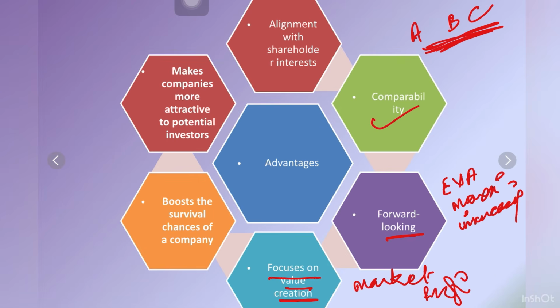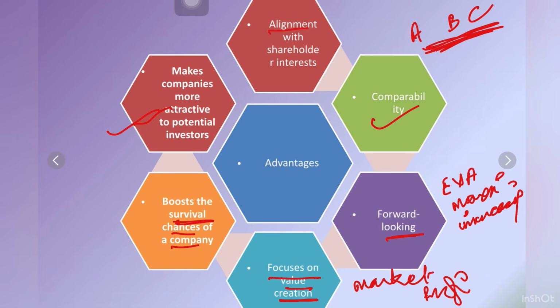It boosts the survival chances of the firm. When the firm focuses more on value creation and increasing the profitability, ultimately the survival chances of the firm increase. Next, it makes companies more attractive to potential shareholders or potential investors. How? Because whenever the firm is creating more value addition, the company becomes more attractive.